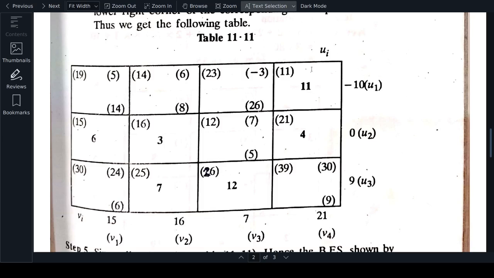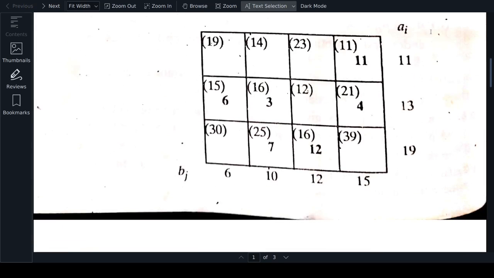After solving using Vogel's approximation method, we get the transportation cost. Here table number 10 is directly written, but if you solve, after 3-4 steps you will get this table, same as earlier.